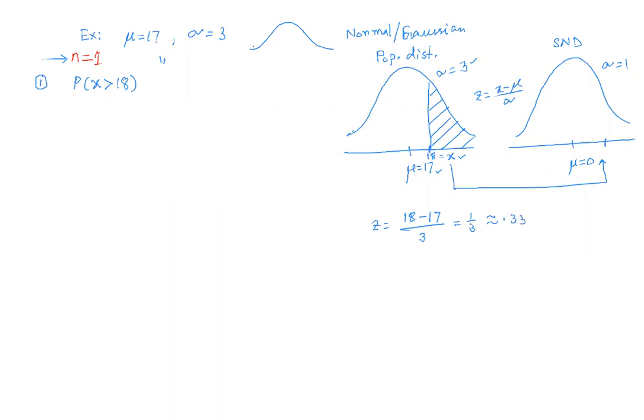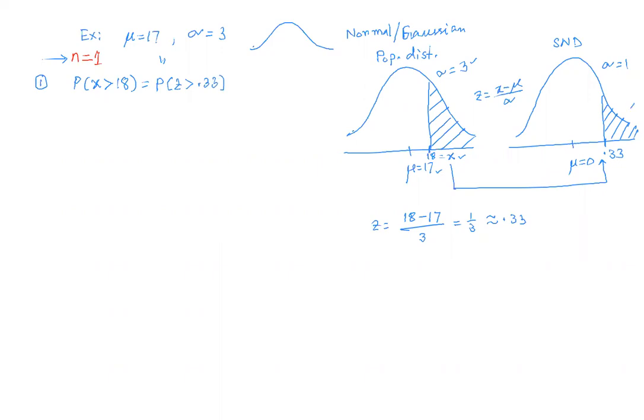So this is 0.33, this point, and we are looking at this area. The probability that X is greater than 18 is the same as the probability that Z is greater than 0.33. This is the area to the right.